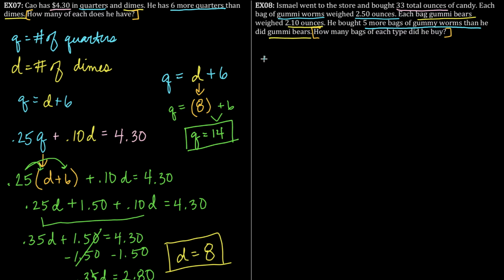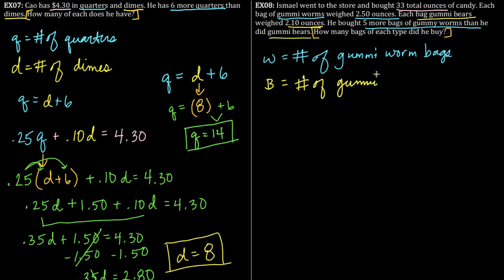So W is the number of gummy worm bags, and B, I'm going to capitalize this B because it might look like a 6, is the number of gummy bear bags.